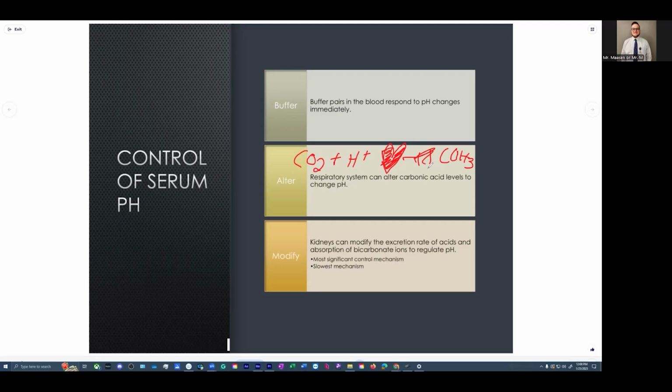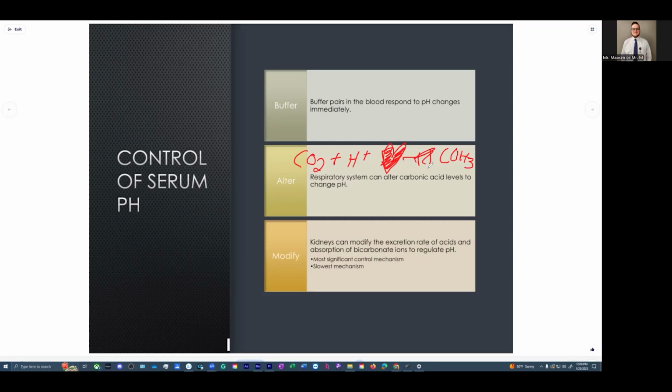Lastly, our last buffer system is our kidneys, again buffering and controlling the level of pH in our body. The kidneys are the most powerful buffer system we have, but they're the slowest to kick in. They can directly excrete hydrogen ions or absorb bicarb to balance out the pH.